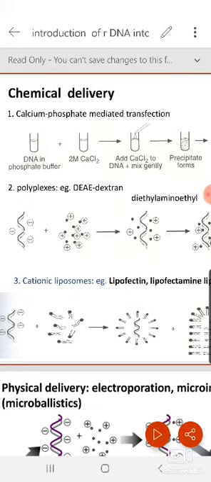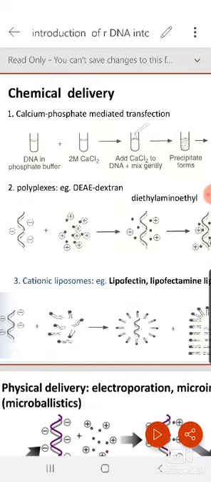So what we do generally, we incubate the DNA in phosphate buffer. We may take some other unrelated DNA like salmon sperm DNA in order to increase the volume and to reduce some non-specific interaction, and then incubate with calcium chloride solution.